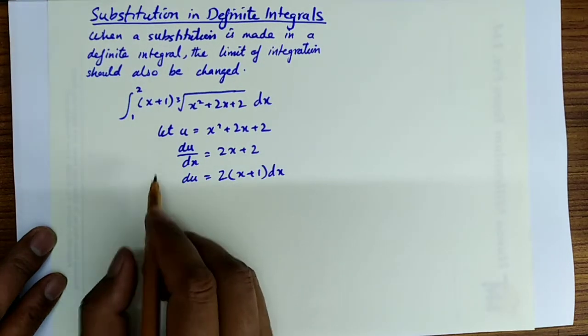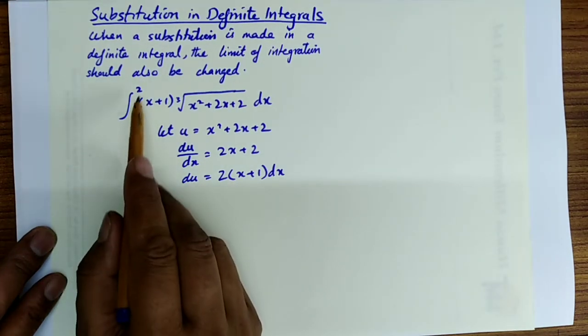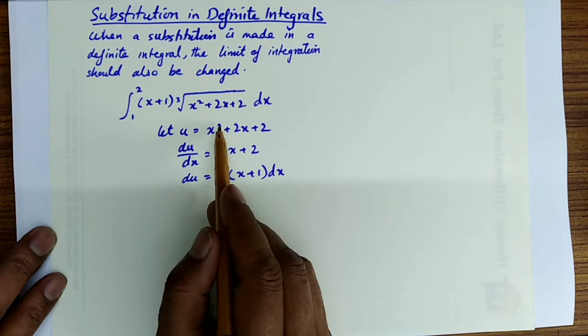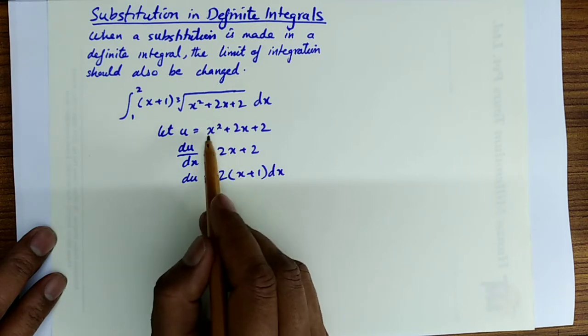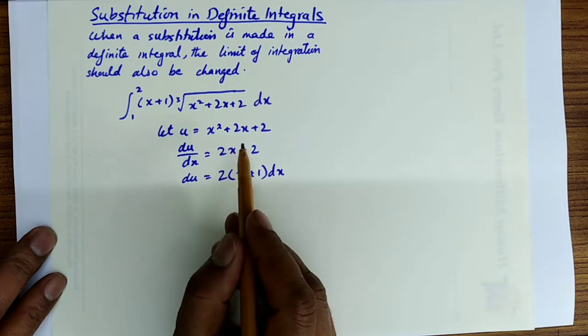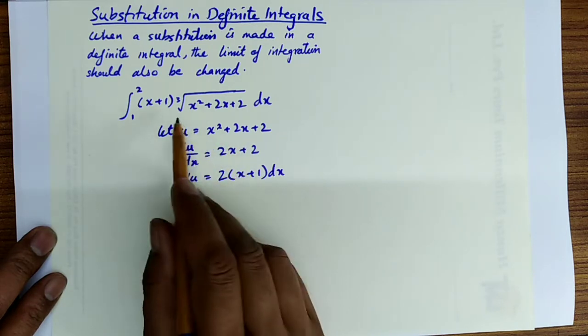Now how can we change these limits, upper limit and lower limit? We have to put this 2 and 1 individually, one by one, in this given supposition value. That will give the new limits for the question.